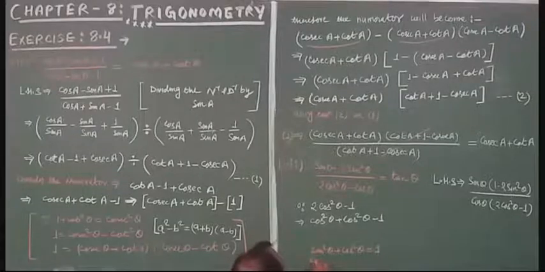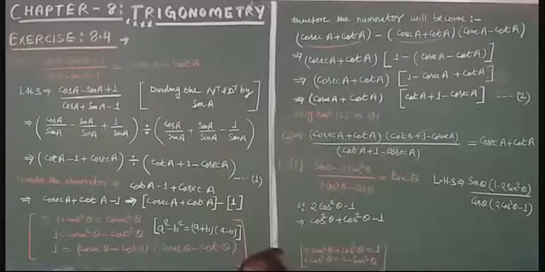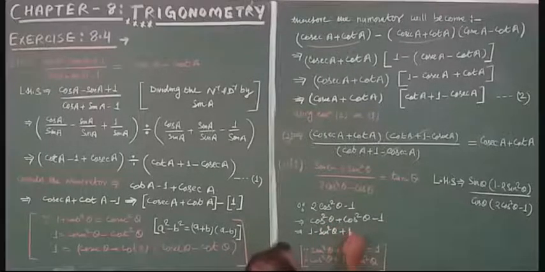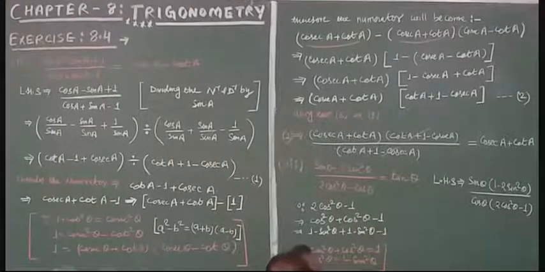Therefore, cos square theta can be written as 1 minus sin square theta. We are using this. Is it okay? So in place of cos square theta, we can write 1 minus sin square theta for this, and 1 minus sin square theta for the next cos square theta, and minus 1. So now just look here.